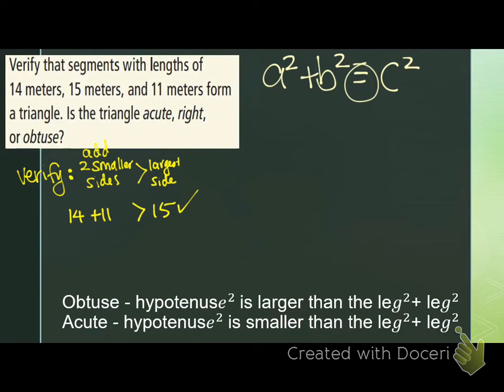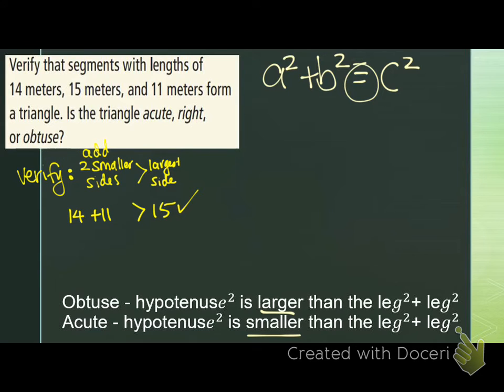If a squared plus b squared equals c squared, what kind of triangle do we have? A right triangle. If the hypotenuse squared is larger than the leg squared plus the leg squared, you have an obtuse triangle. If the hypotenuse squared is smaller than the leg squared plus the leg squared, you have an acute triangle. And we'll talk about it. We're just going to plug in.